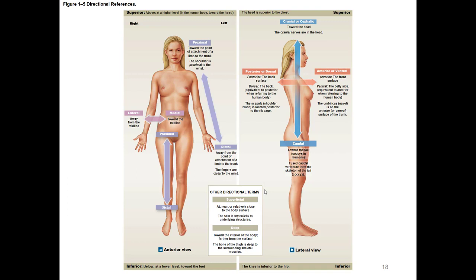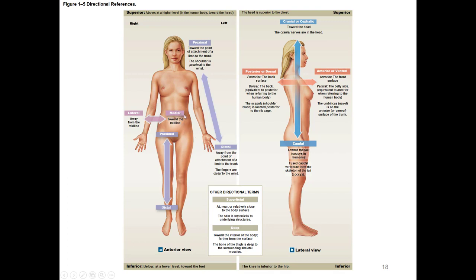So in this image, we're going to be able to look at directional terms or directional references. So some of the important ones we're going to see over and over again. Superior means above, toward the head. The opposite of that would be inferior, below, toward the feet.